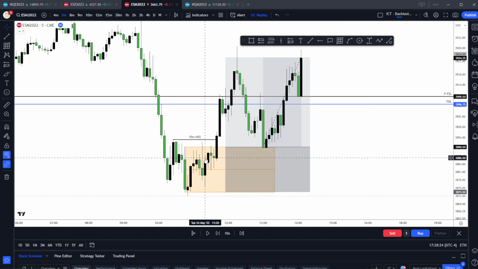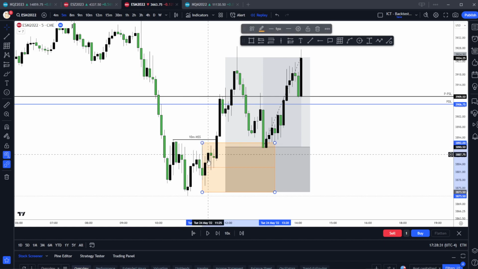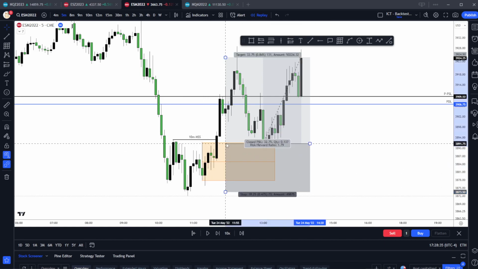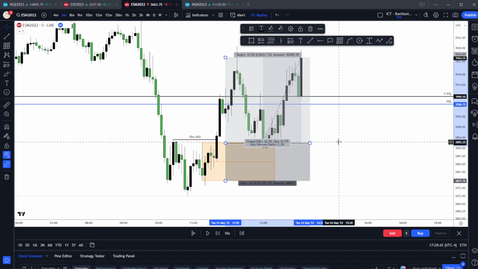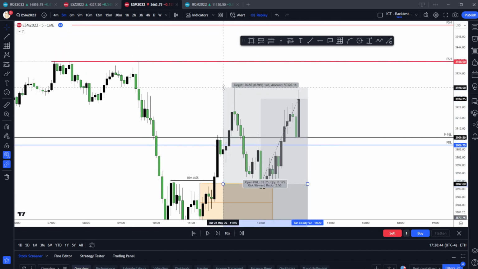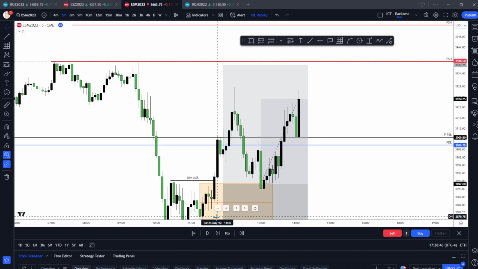Okay, so the reason why I chose this area as the order block was because, yes, we do have this order block here. However, my only problem with that is it's a little bit up in the premium, which I'm not really fond of, but it is what it is, right?